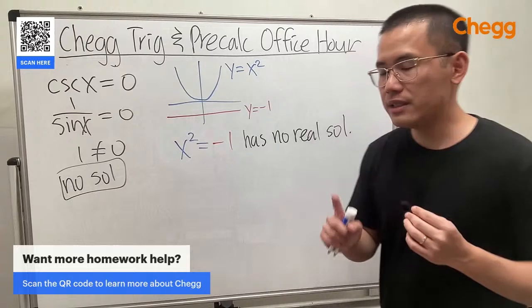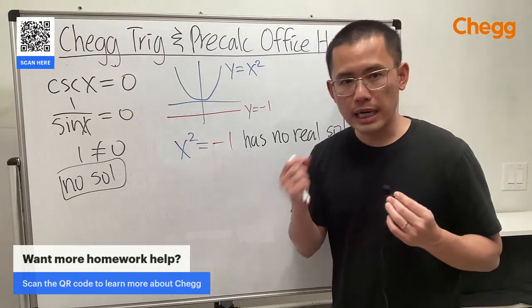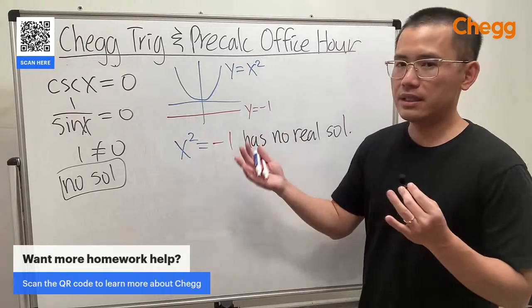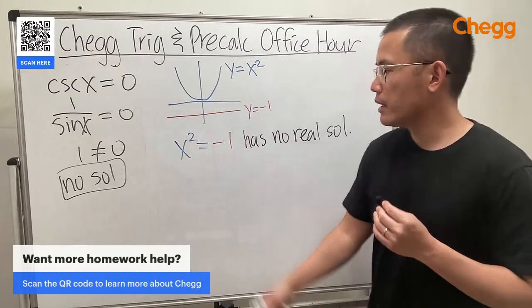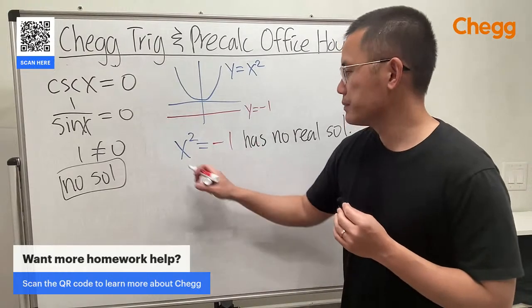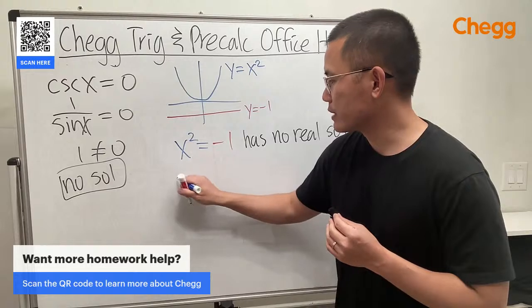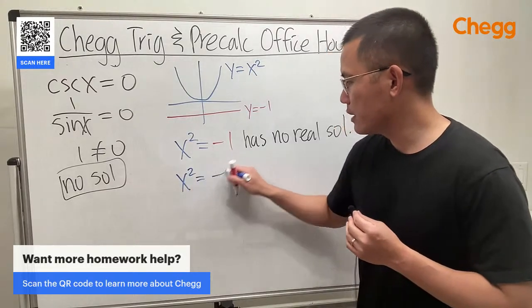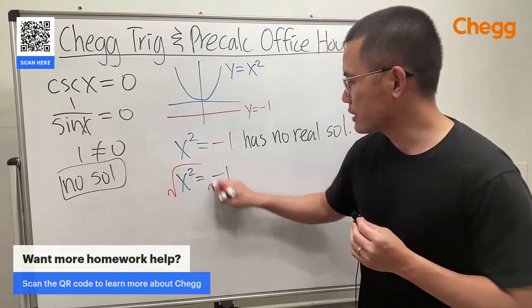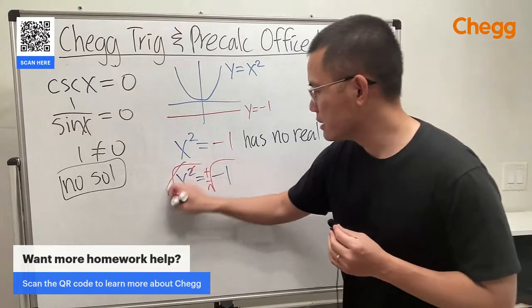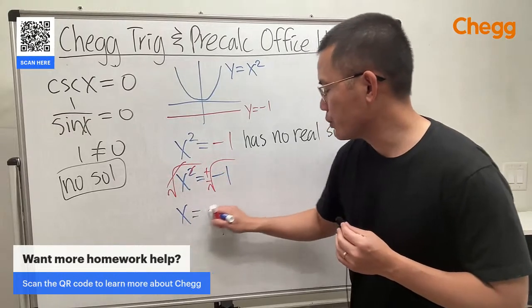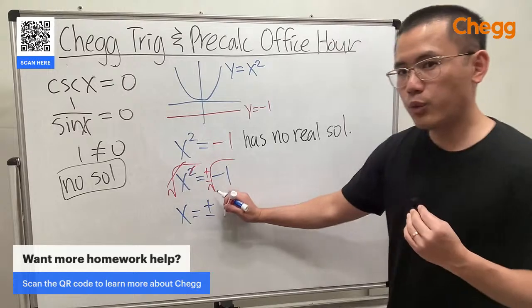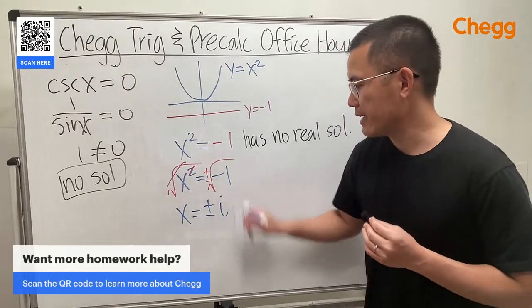Because the truth is, we do have the so-called complex numbers, or technically the imaginary number. Right here, if you want, you can take the square roots on both sides. Let me just write it down again. We can take the square roots to both sides, and then plus or minus x is equal to plus or minus square root of -1, which is i.